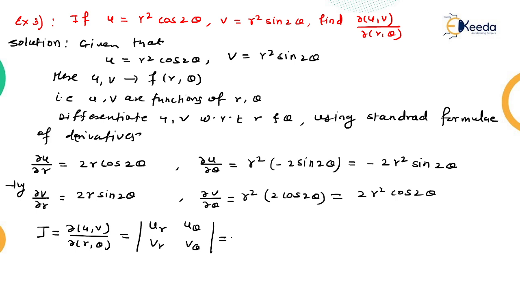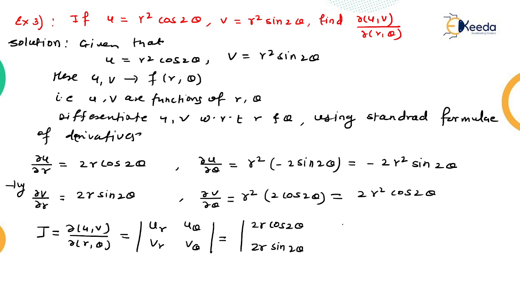So I am putting the values here: ∂u/∂r is 2r cos 2 theta, ∂v/∂r is 2r sin 2 theta.